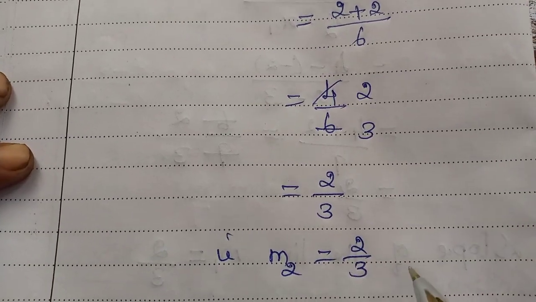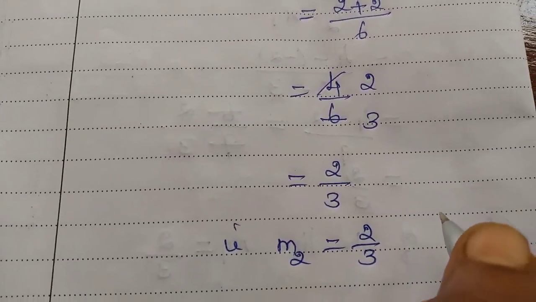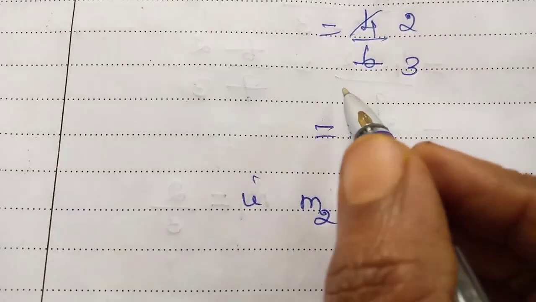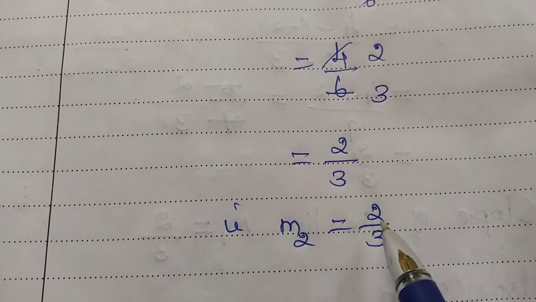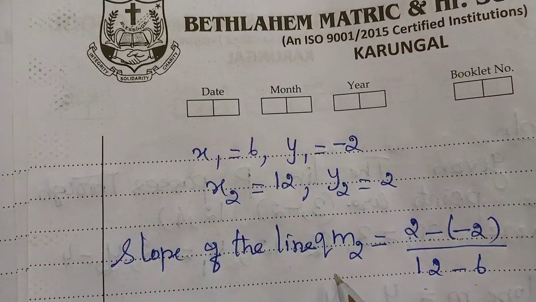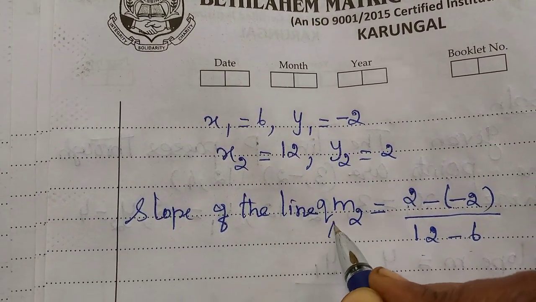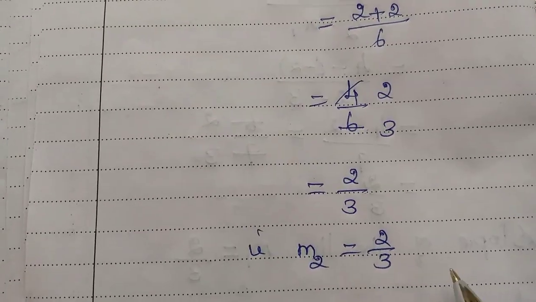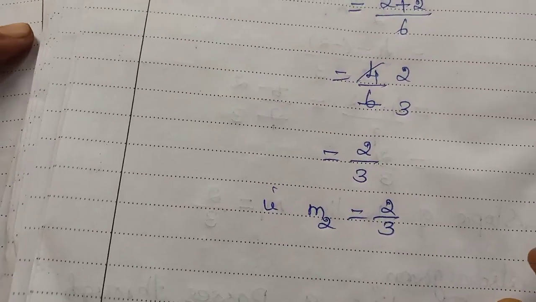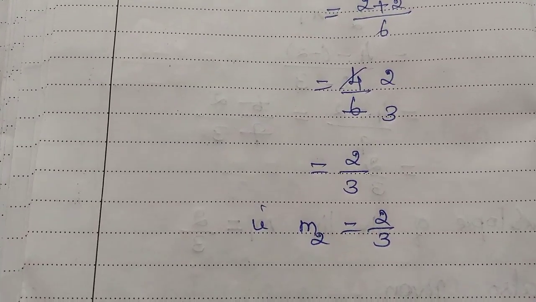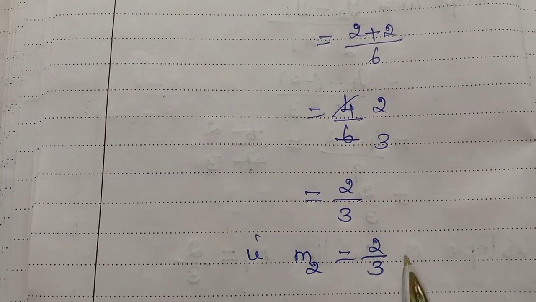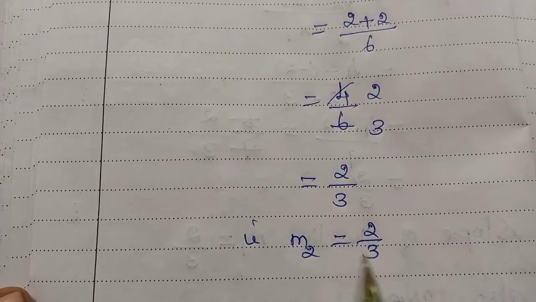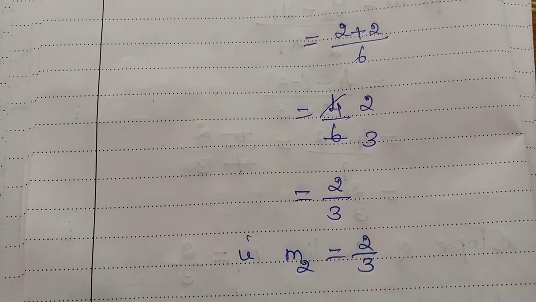So check your slopes. The slope of the line P is 2 by 3, and the slope of the line Q is also 2 by 3. We know that when two lines are parallel, their slopes must be equal. Both slopes we got are the same.